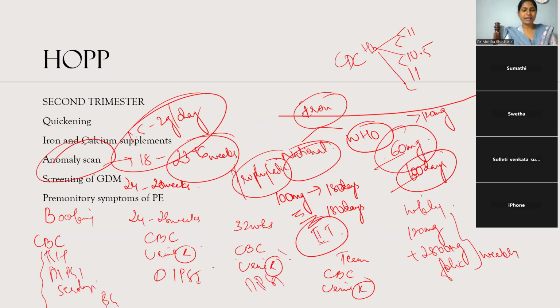So today it was an elaborate class, but I have tried to cover most of the aspects of antenatal care. And so this was not a simple update. I have referred to different guidelines.